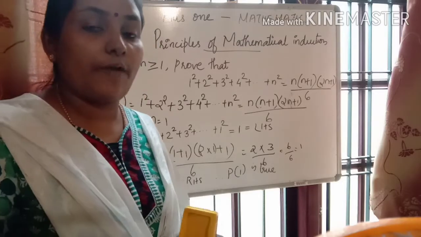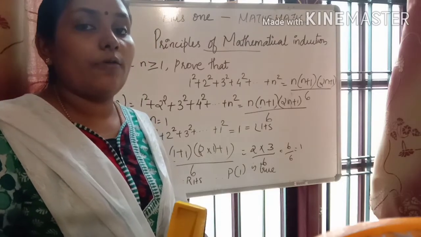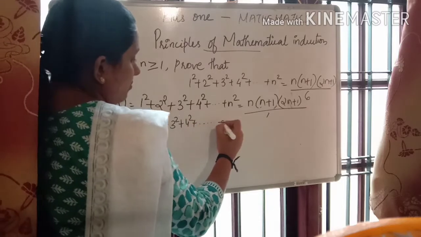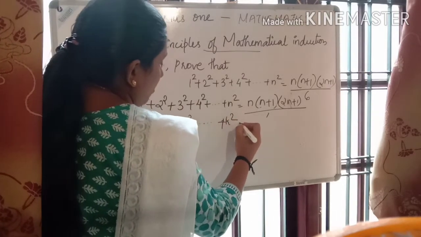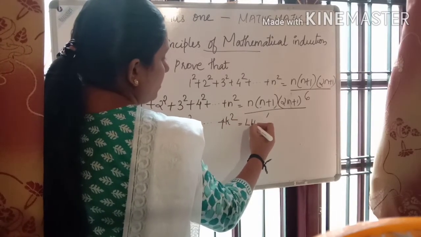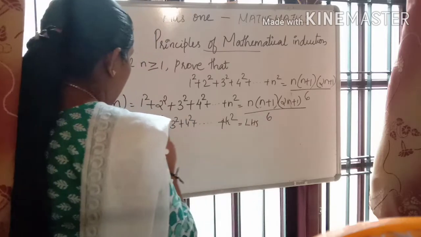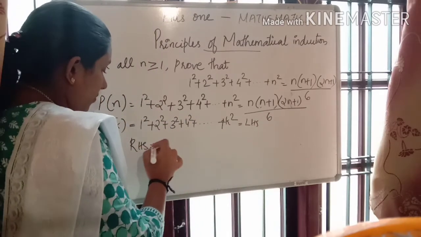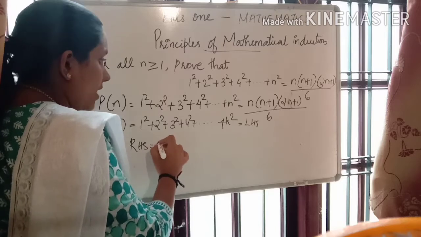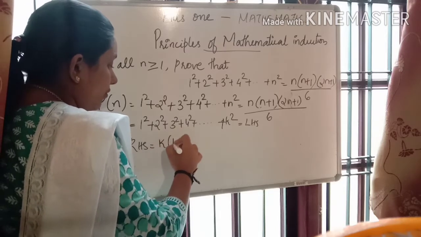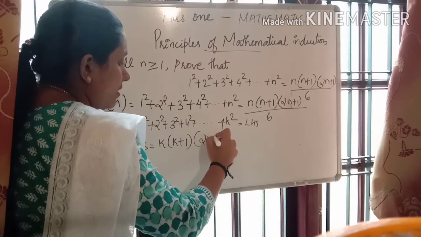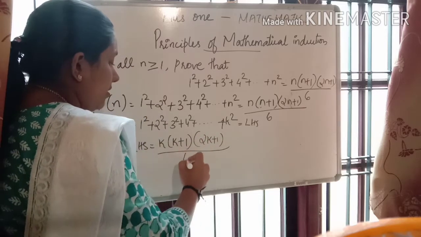The next step is to find out whether P of k is true or not. 1 square plus 2 square plus and so on up to k square is the LHS. RHS is equal to k into k plus 1 into 2k plus 1 divided by 6.